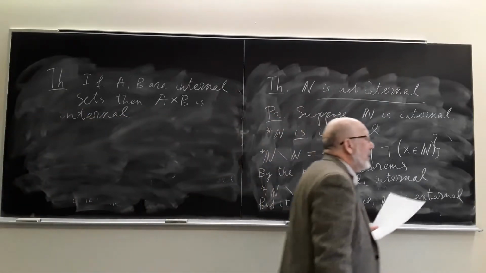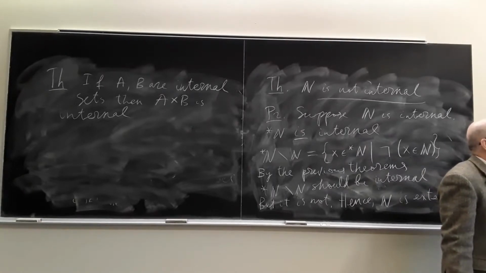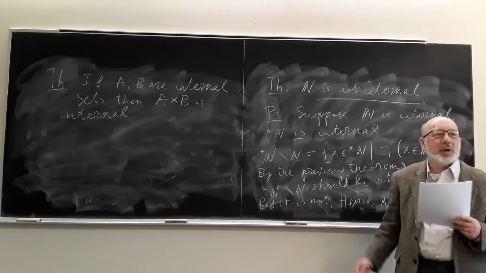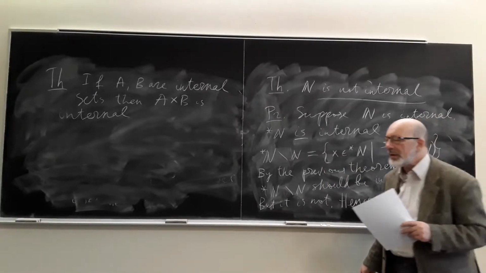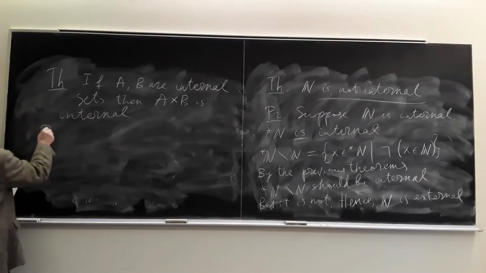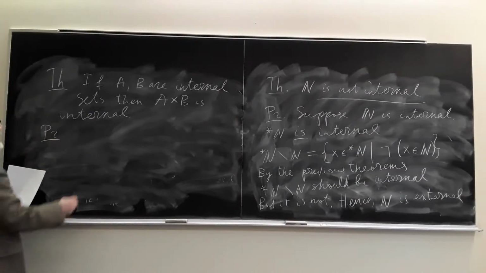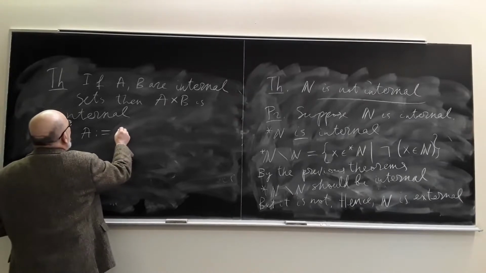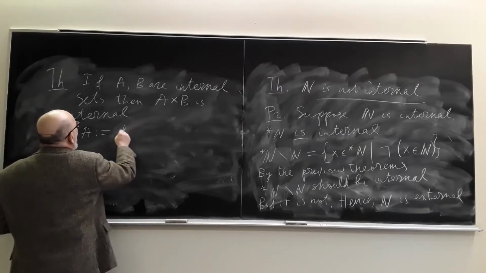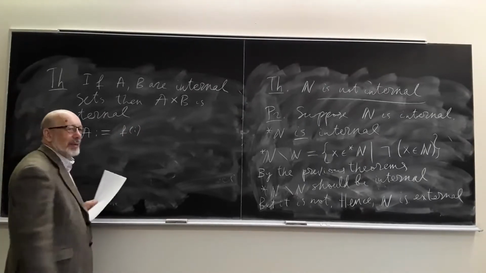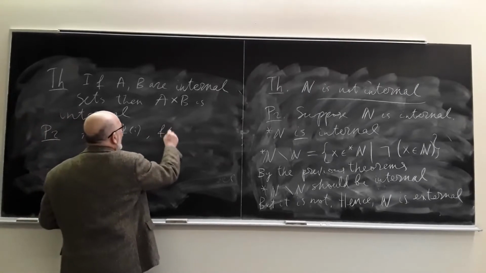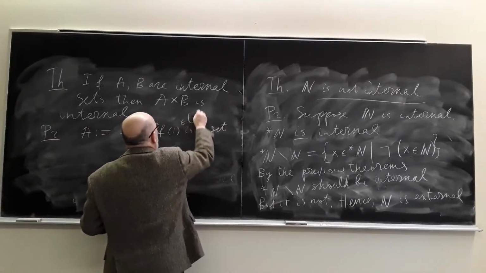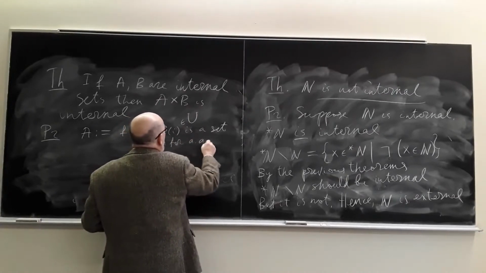Now we have to return again to the definition of the Cartesian product of two sets which are elements of star U. So A is the set F of i, where F of i is a set, element of U, for almost all indices i.